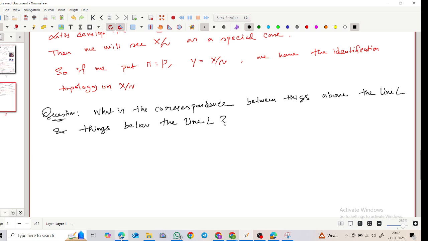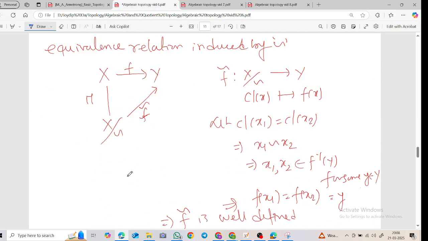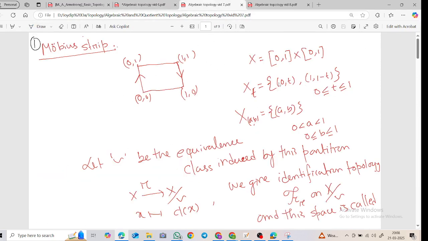To answer this, we will first prove these theorems, and then we will move on to the Mobius strips and all that, and we will show that everything we did pictorially will actually make those things an identification space.